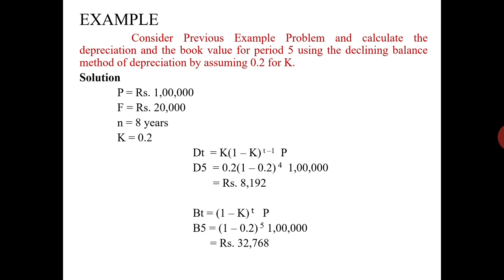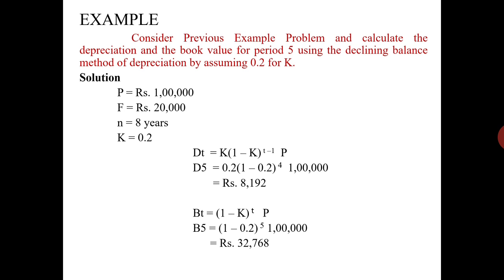In the previous problem, we solved every year's depreciation value and book value. But in this problem, only the 5th year depreciation and book value are to be calculated. The suitable formula is given in the slide.